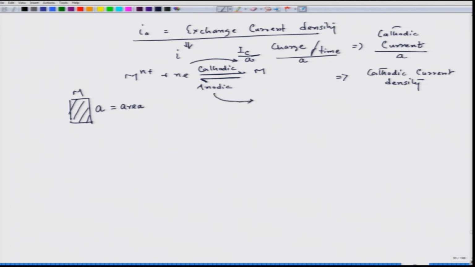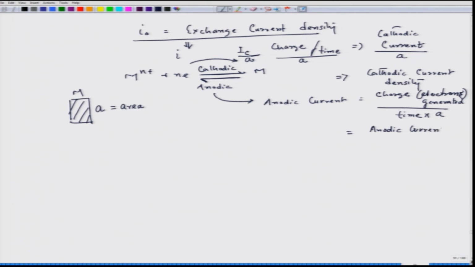Similarly, on the anodic side, we get the anodic current, the charge in the form of electrons generated divided by time, and then if I divide it by the area of the anodic surface, we get anodic current density.